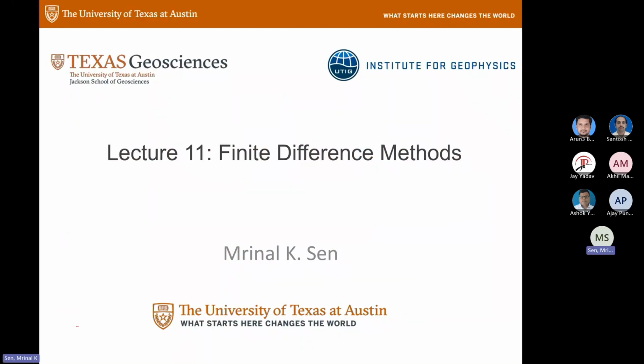If you recall what we have discussed so far, in the first lecture we went over some of the fundamentals of seismology theory, essentially the basic equations, and then we derived the wave equation in different forms.